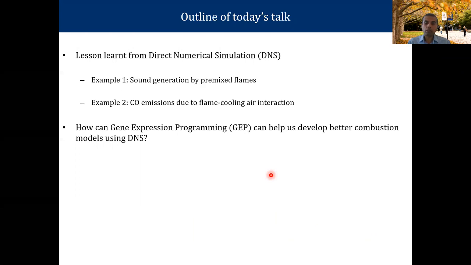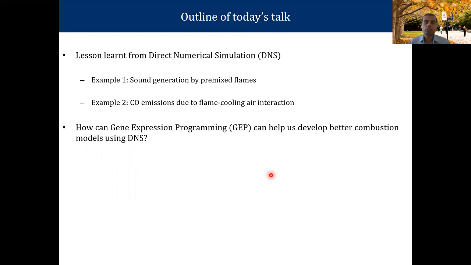So what I'm going to do today is talk about a couple of examples related to these issues, and we're going to see how we can use direct numerical simulation to learn some lessons related to these problems. In example one, we'll talk about sound generation by premix flames. We will look at the mechanism of sound generation by these flames.